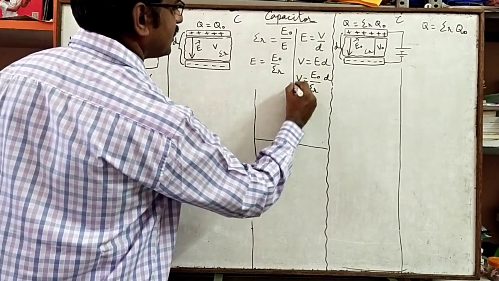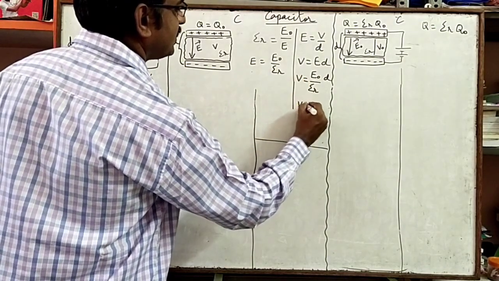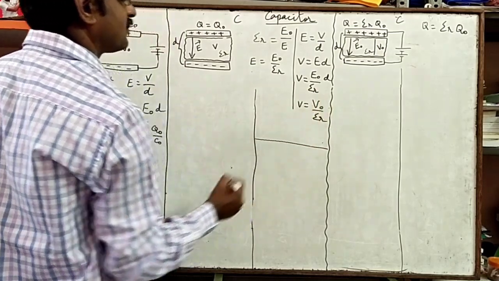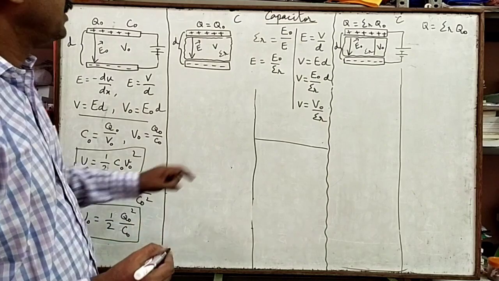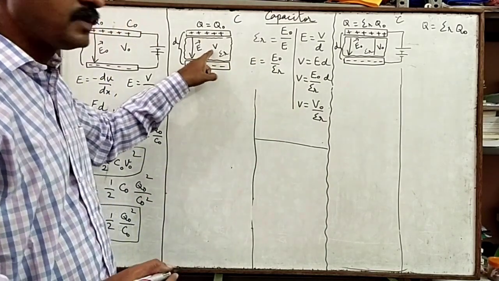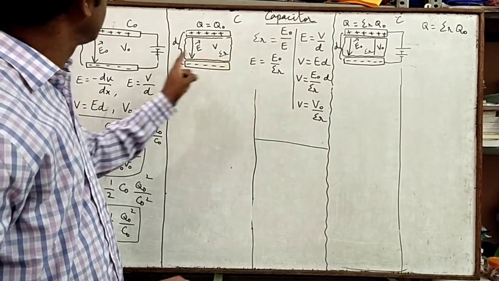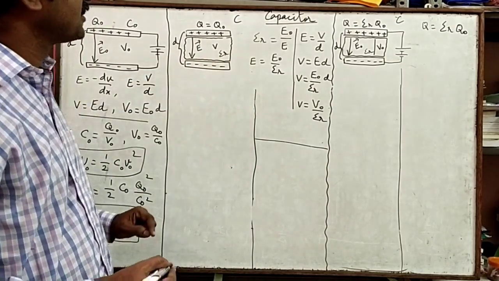So we can substitute here, V is equal to V naught divided by epsilon R, where epsilon R is relative permittivity, V is the potential between the plates once the dielectric is introduced, and you can also observe that battery is being removed from the connection.